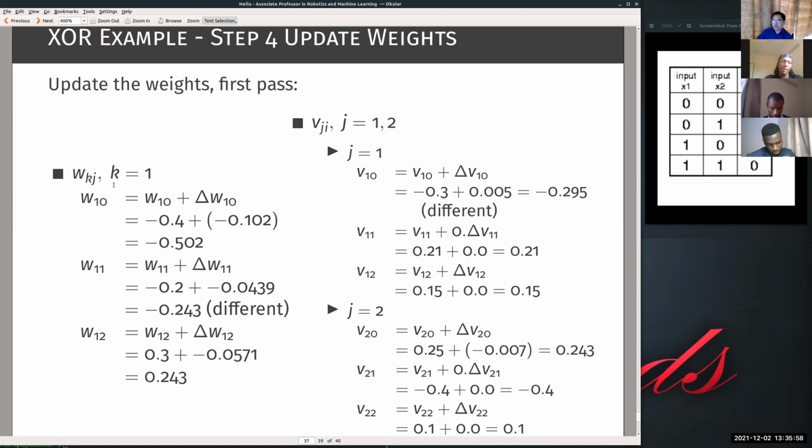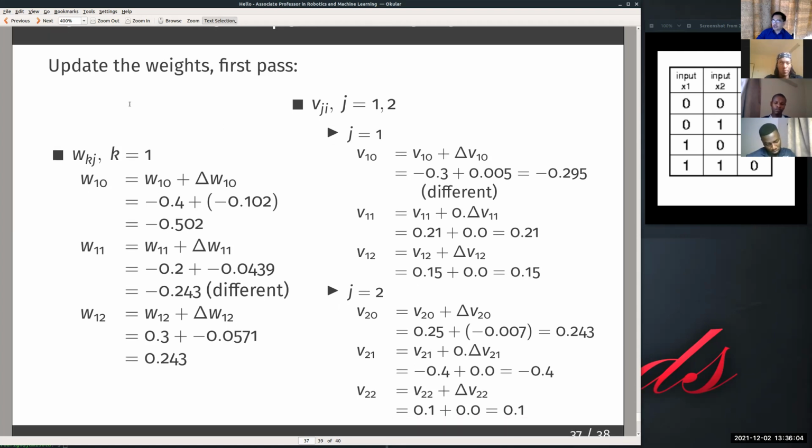So we update your W0 in terms of this. I should have computed this before we compute this. But anyway, we update your W10 with this one, W10 plus the delta of W10. The same thing as W11, current W11 plus the delta of W11, W12 plus the delta of W12.